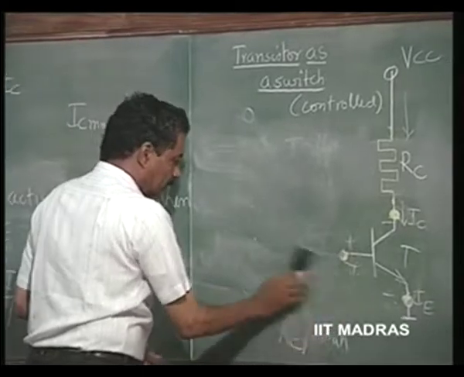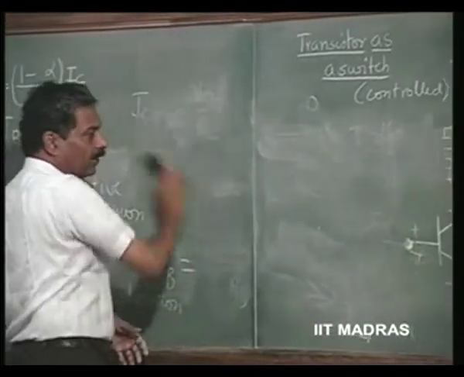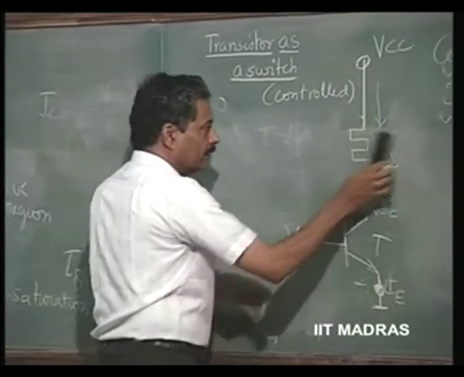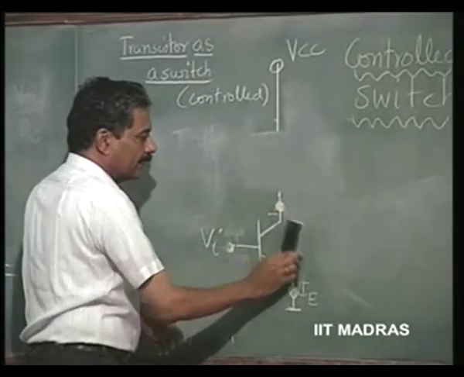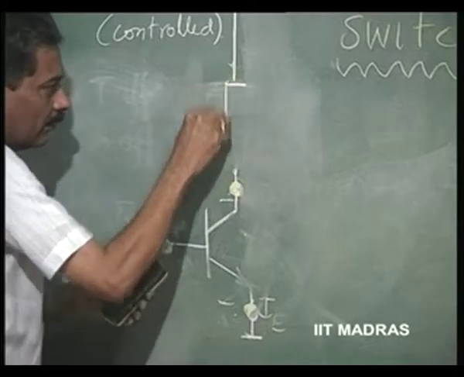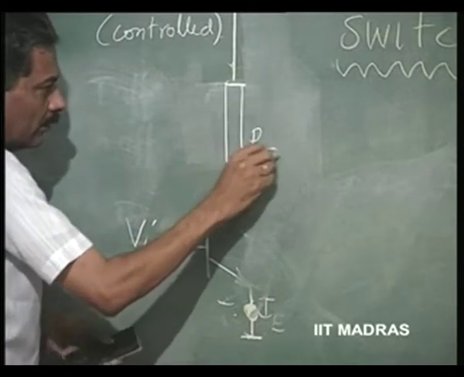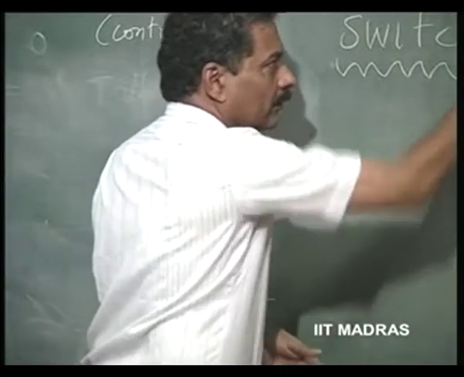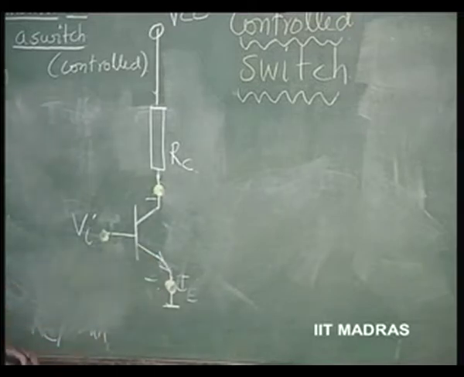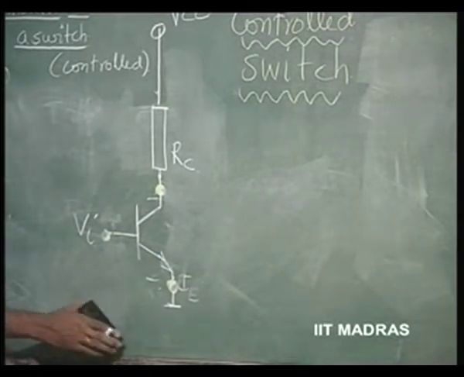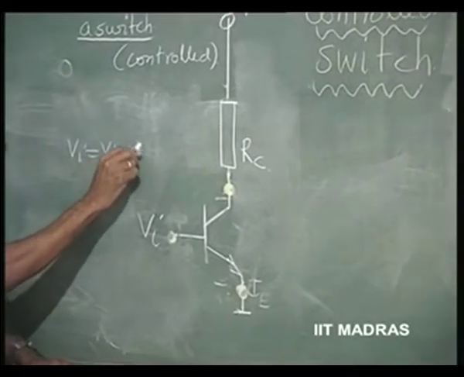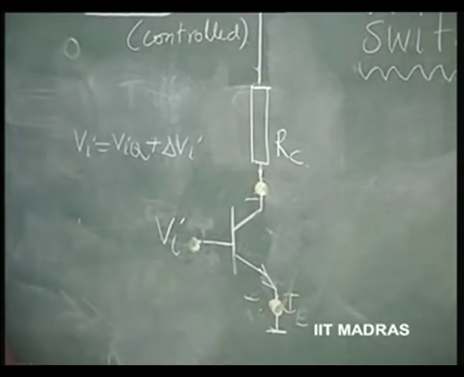So, we will revert back to the discussion about the amplifier with Vi being applied here, and this is not a heater element any longer, this may be the load resistance RC. So, Vi is VIQ plus delta Vi. Input is applied like that.